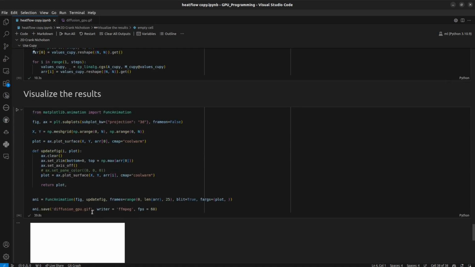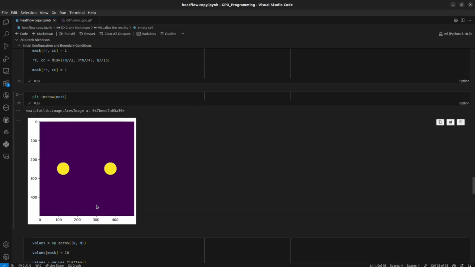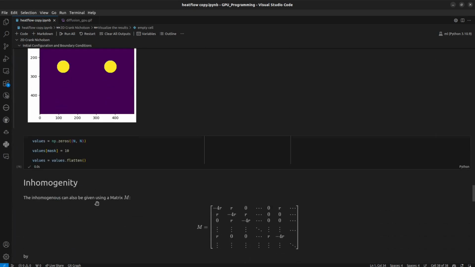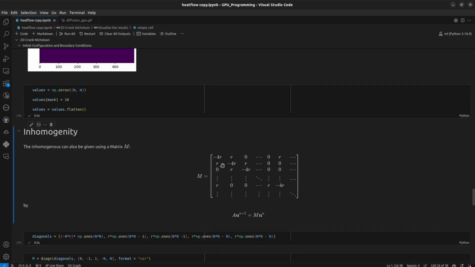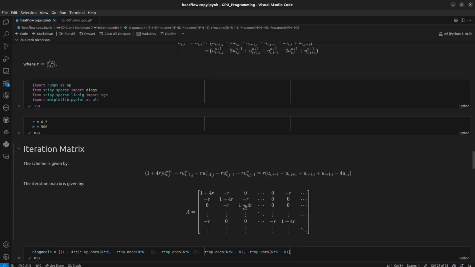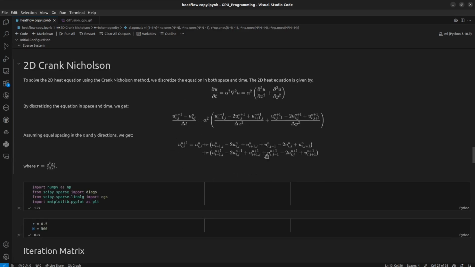So I think what I did wrong is that in this matrix, there actually should be a 1 minus 4r, because if we look at this equation here, for u_ij at time step n, we get minus r times 2 plus minus r times 2, yielding minus 4 times r times u_ij, and we get 1 from the temporal derivative.